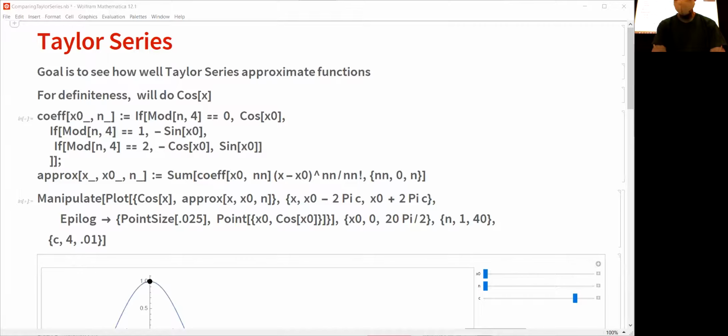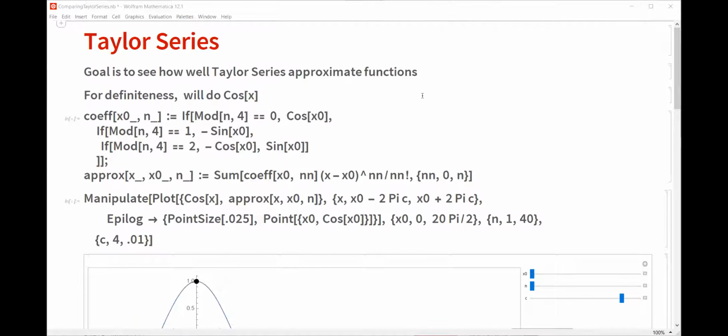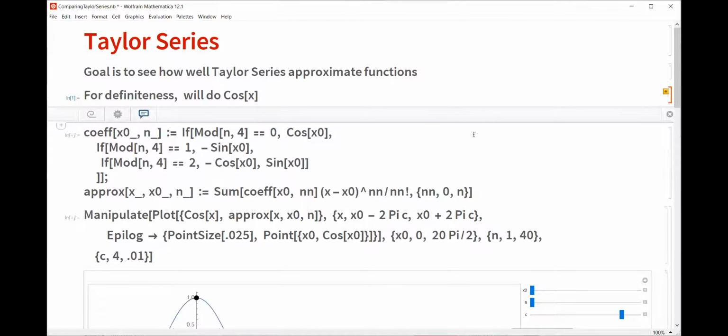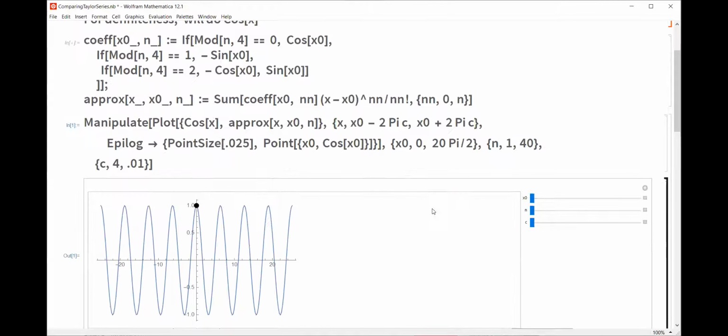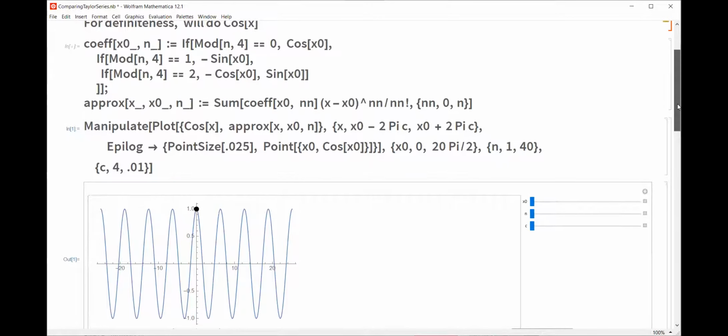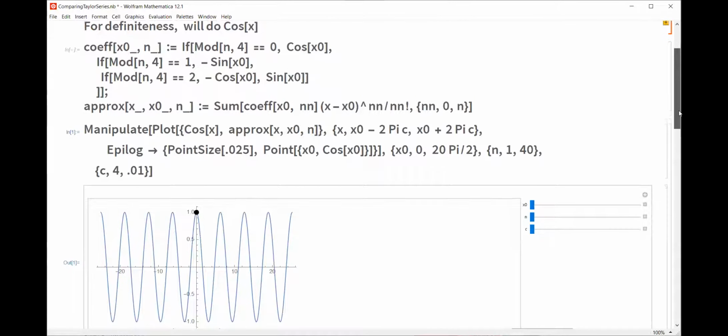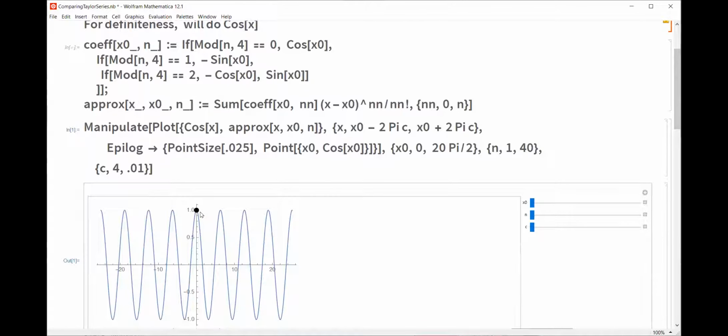I'm forgetting that I can actually hit pause. Okay, so I believe people in TV land can see this. And so what I've done is I've defined some functions. So I'm going to look at the Taylor series of the function for, I think, cosine.